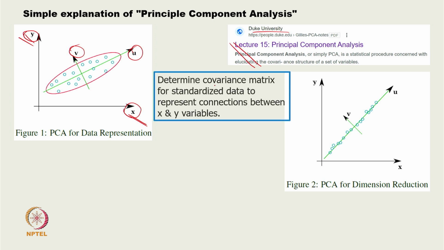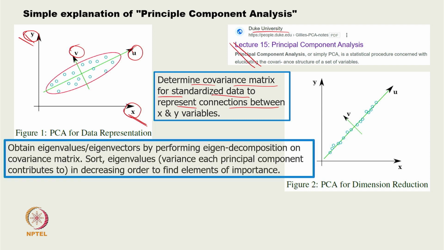Initially we determine the covariance matrix for standardized data. So first the standardization is done, after which the covariance matrix is computed. The data that has been given, we can digitize and come up with numbers. Then we go with eigenvalue decomposition, finding eigenvalues and eigenvectors from the eigen decomposition of the covariance matrix.